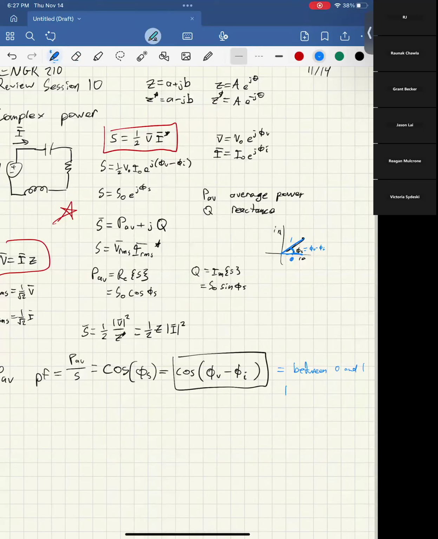Where 1 is for purely resistive loads, so that means your Z, your impedance, has no imaginary value, and 0 would be purely complex loads, so you have an inductor or a capacitor.